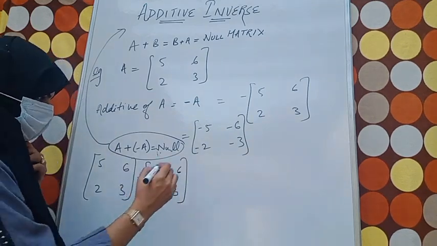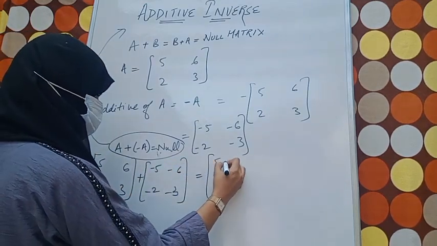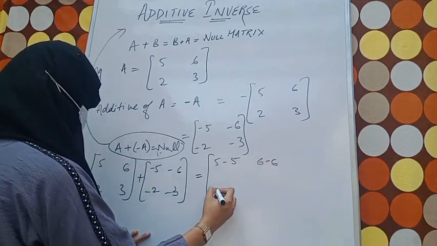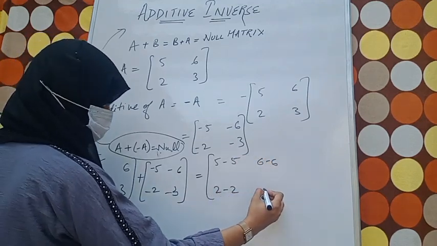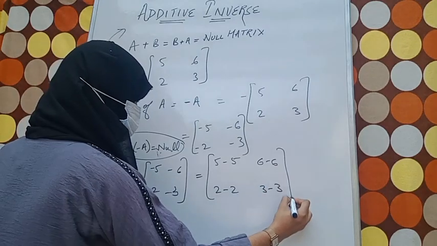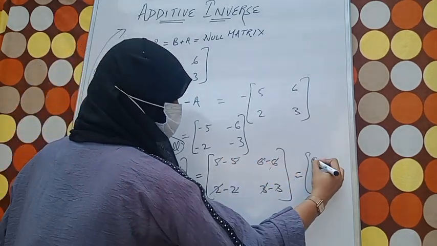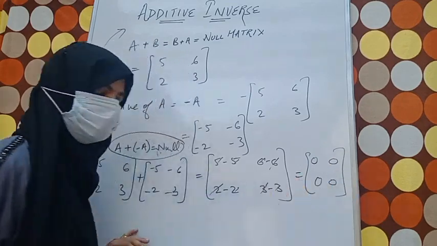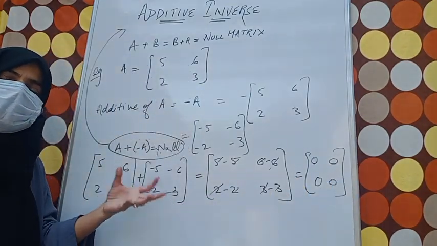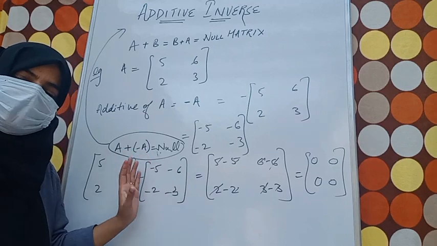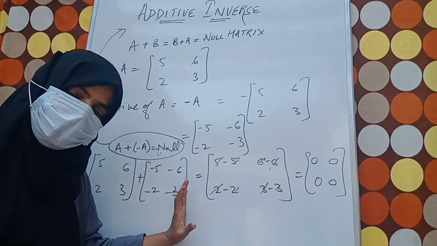Now 5 minus 5, 6 minus 6, 2 minus 2, 3 minus 3. Everything will get cancelled, so it will become the null matrix. So the additive inverse of any matrix is its minus of that particular matrix.